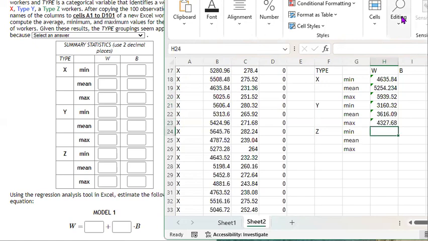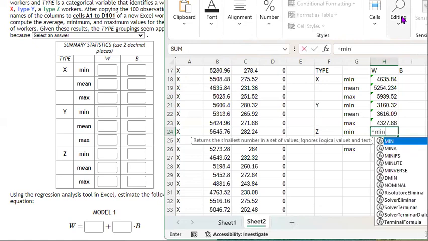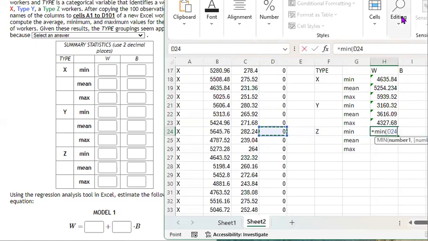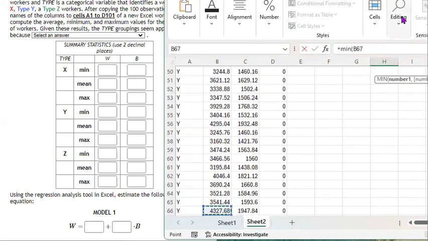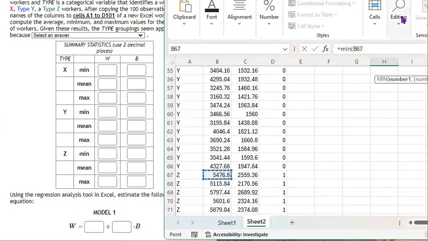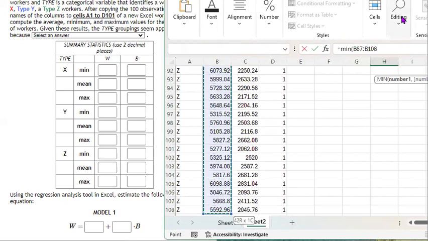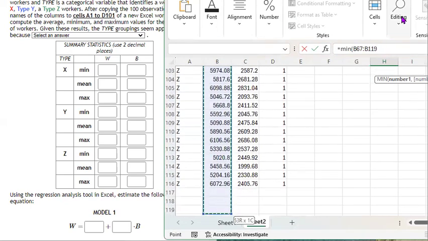Now let's look at our type Z workers. So again, I need min, right? I'm going to come over here to column B. I'm going to go down until I see my first Z type worker, which is right there, right? In row 67. Then I'll go to the very bottom here. We got 50 of these type of workers, right? And that worker's in row 116.